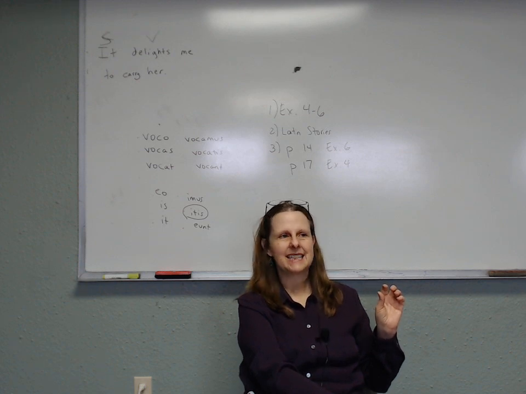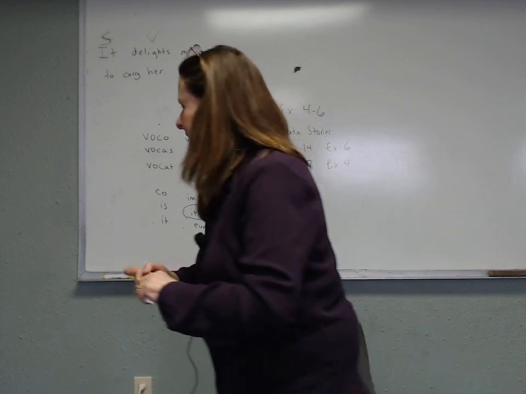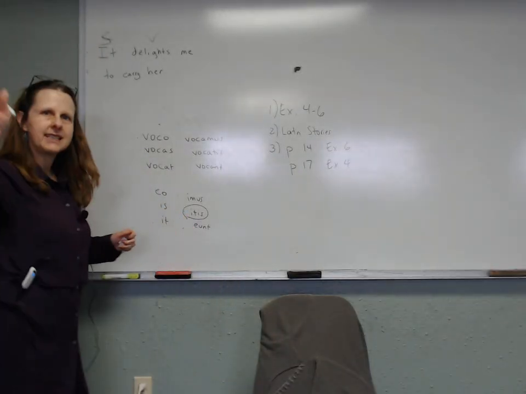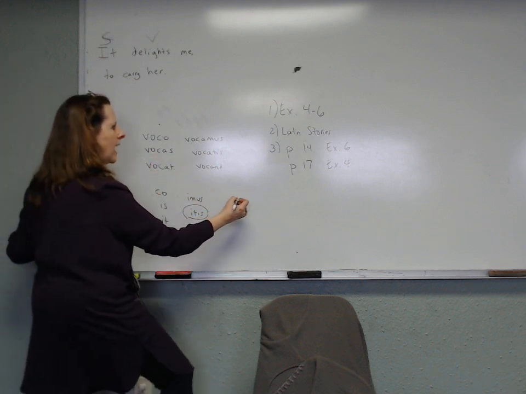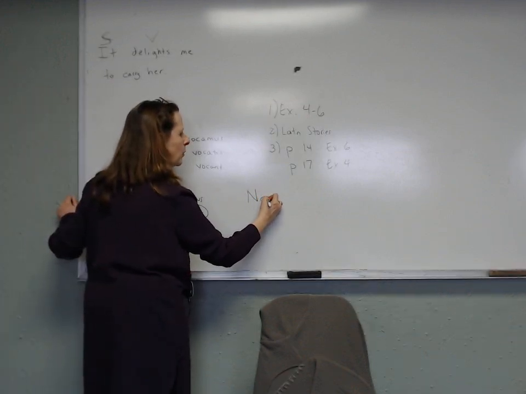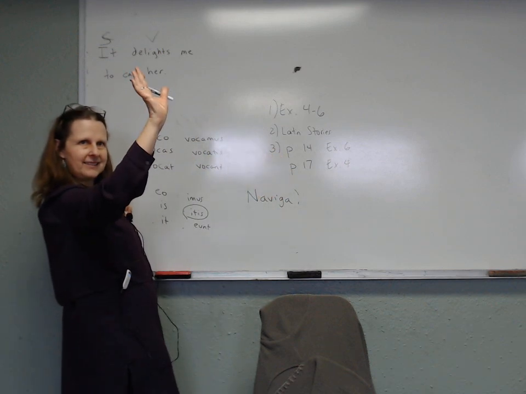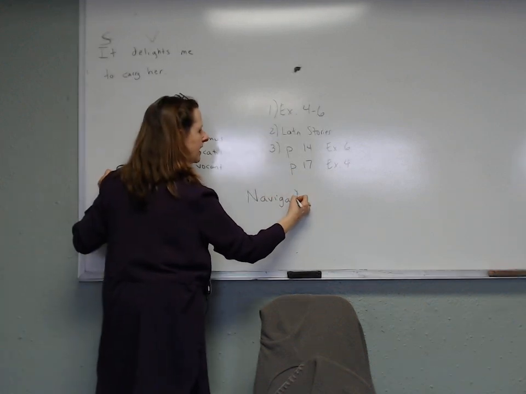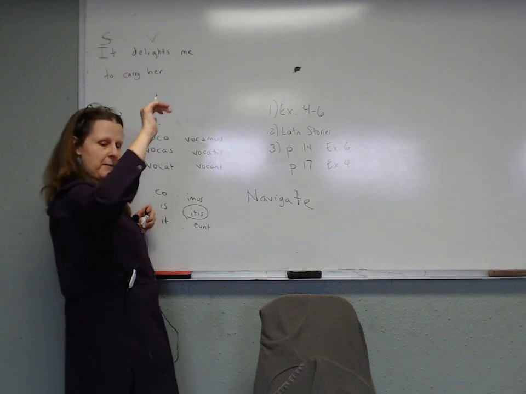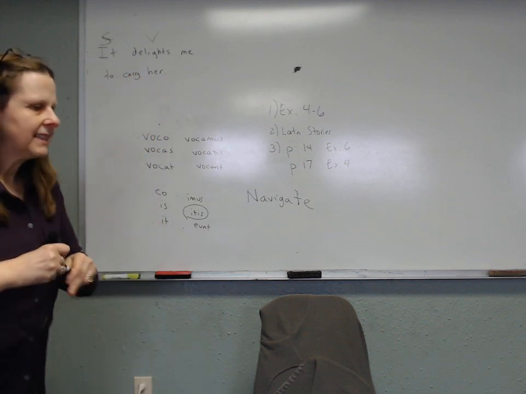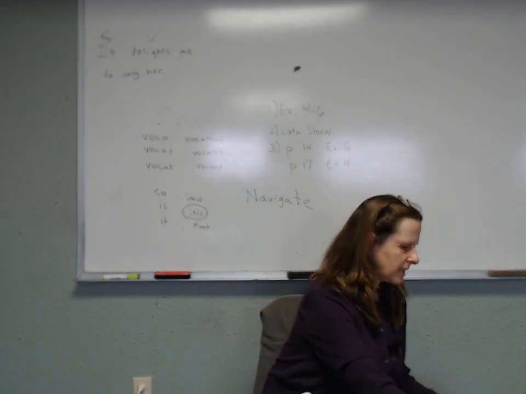It's the command to more than one person. So if he's telling them, sail well, have a good trip, basically. Bon voyage, you know what I say? If he was talking to one person, naviga, sail well. But since he's talking to more than one, navigate. Do you remember that? Yes. So he's telling the two of them to have a good trip, since he's talking to more than one.